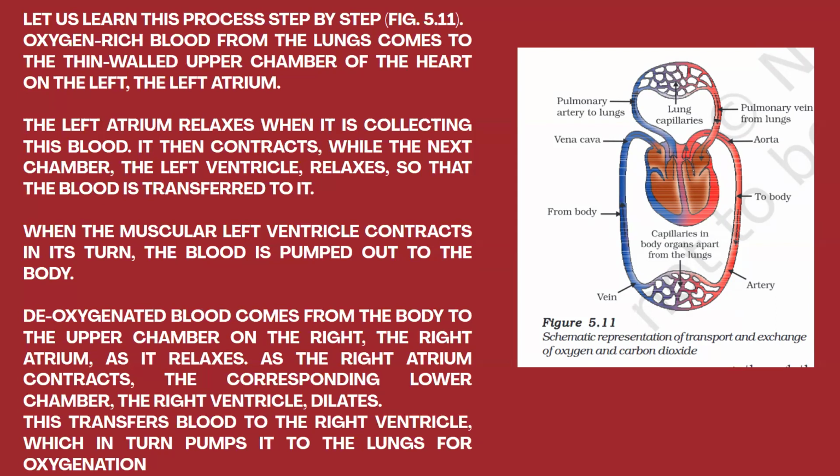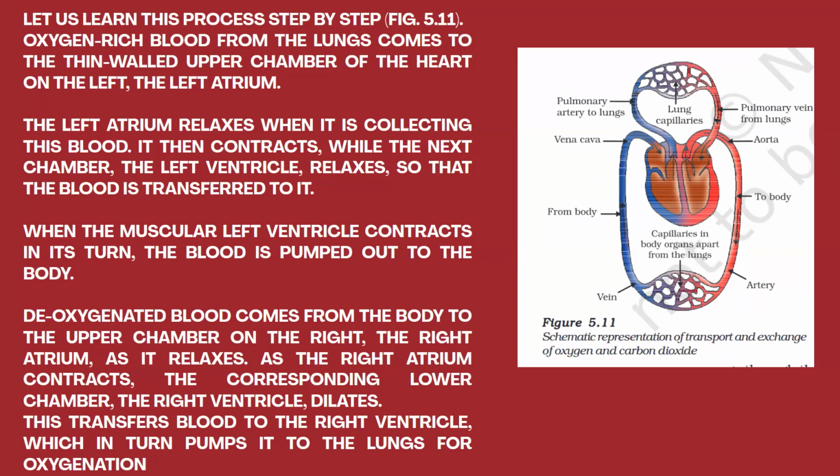As I said, the pulmonary vein will carry the oxygenated blood from the lungs to the heart, and from the heart that oxygenated blood will reach first the aorta and later the body's arteries, and from the arteries to the blood capillaries in body organs. Later, by utilizing this oxygen, as we studied in respiration, the glucose is broken down into carbon dioxide, water, and energy.